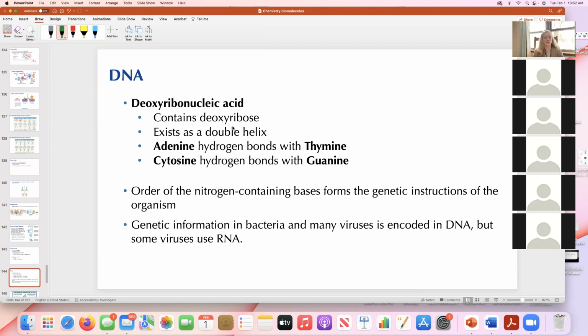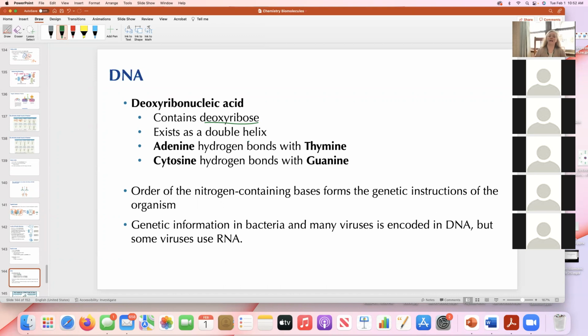Typically, when we're wanting to build up these nucleotides, the thing that we're ultimately interested in is DNA, deoxyribonucleic acid. It's going to contain a sugar that's called deoxyribose, all right? And we know that the shape it likes to take is the double helix.